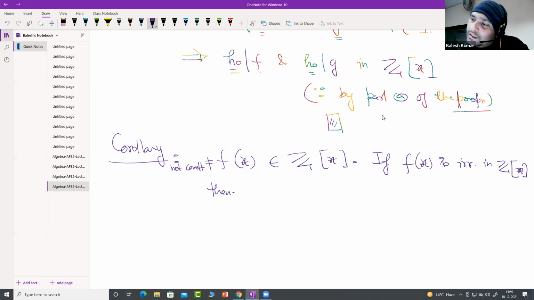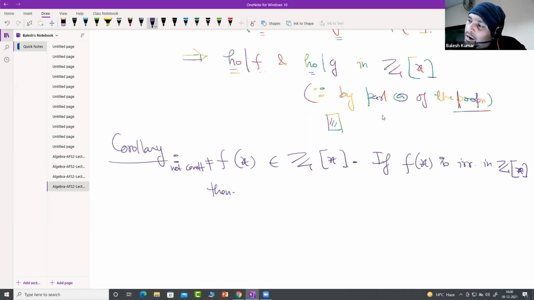Can we say that a polynomial that is irreducible in a smaller ring is still irreducible in a bigger ring? In general, I hope this is not true. A polynomial irreducible in the smaller ring may not always be irreducible in the bigger ring.